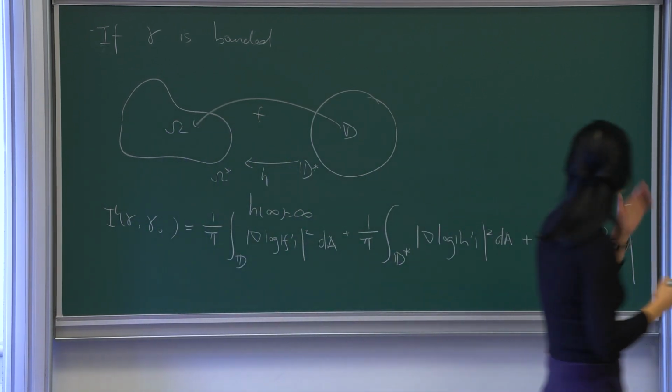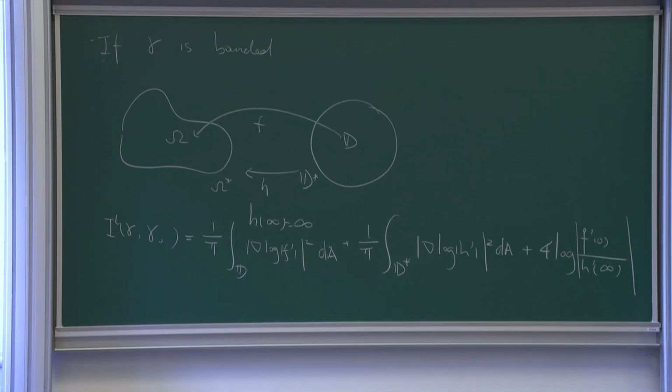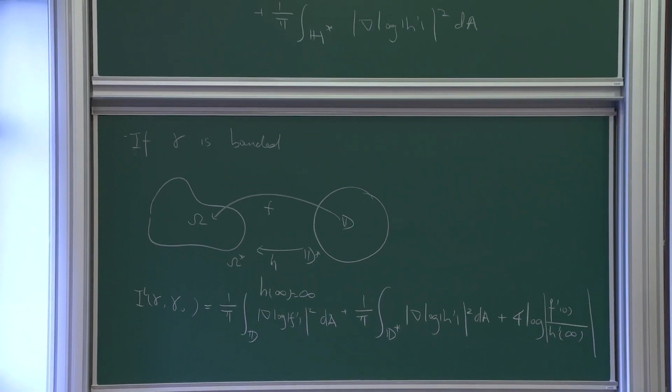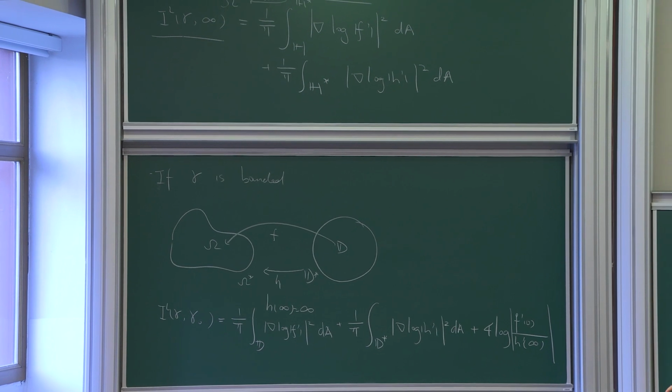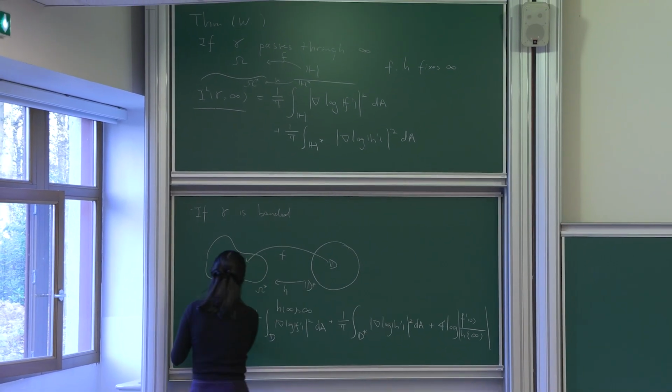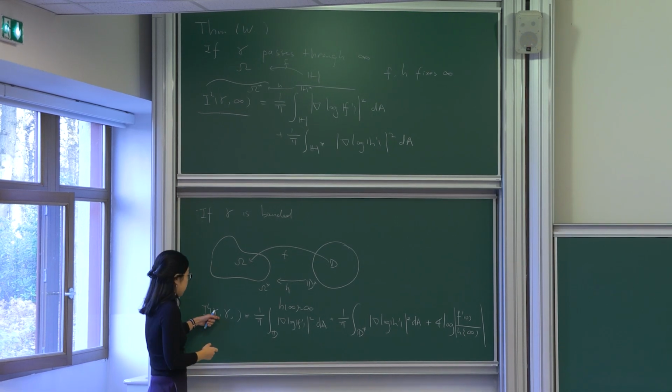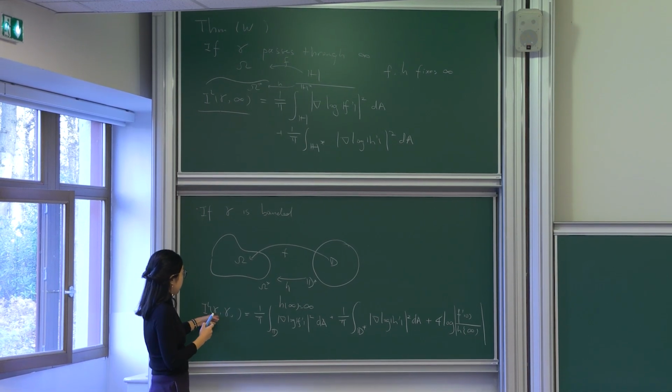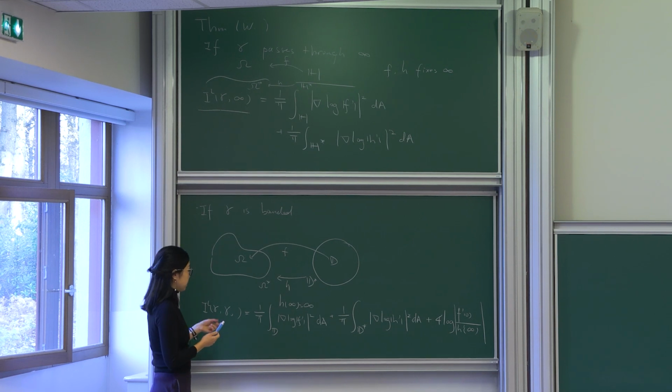So today I'm going to show you how one can go from the first one to this second one. It should be elementary a priori, because we know that on the left-hand side, this quantity is actually Möbius invariant. So a priori, whether the curve is bounded or not, it shouldn't matter at all.